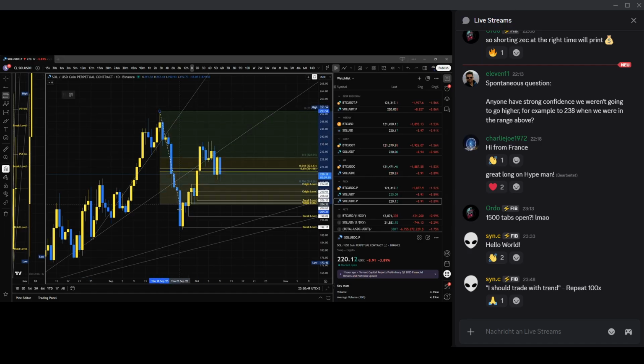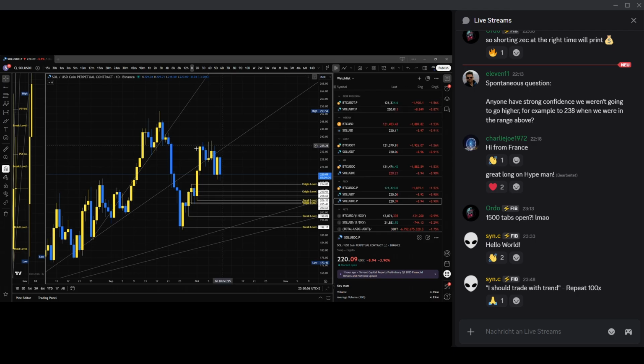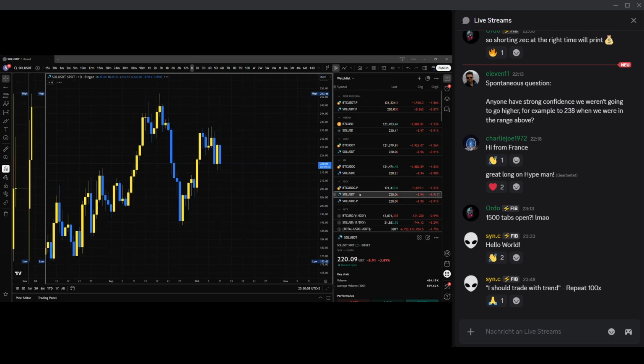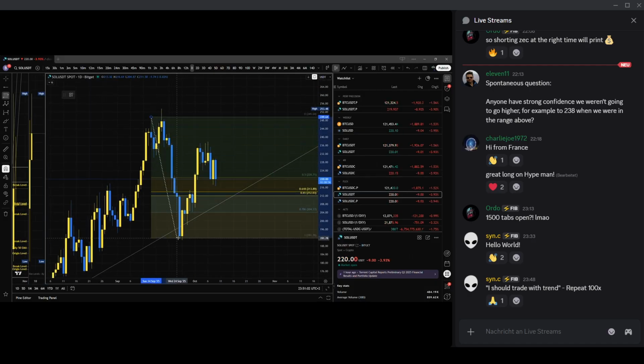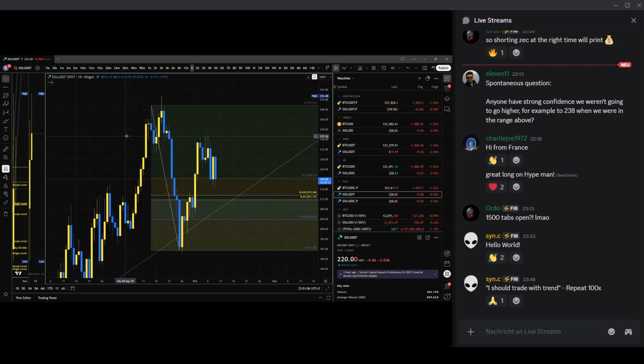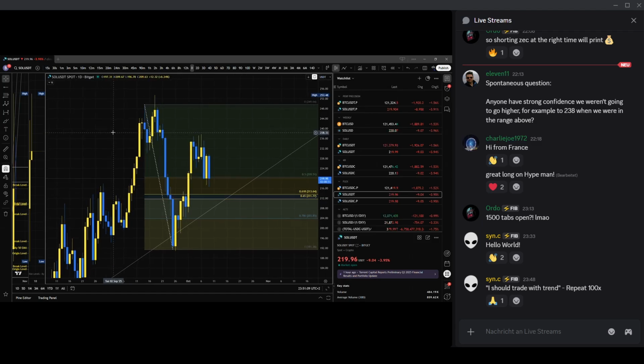But on the way down, because that's the more interesting thing right now, let's go to a cleaner chart. Maybe this one. So, we shared it already in the chat many times.